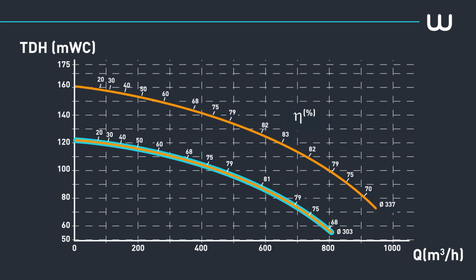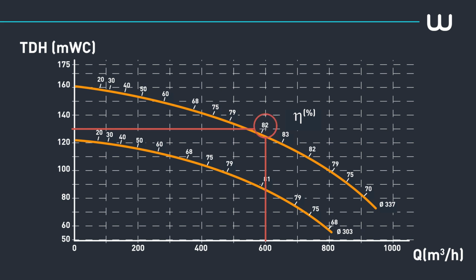The labeled and figured values on the 2 curves represent the hydraulic performance of the pump at the flow and TDH considered. For example, if water is pumped at 600 meters cubed per hour and a TDH of 130 meters of water column, using the pump whose impeller measures 337 millimeters, the hydraulic performance of the pump is 82%.